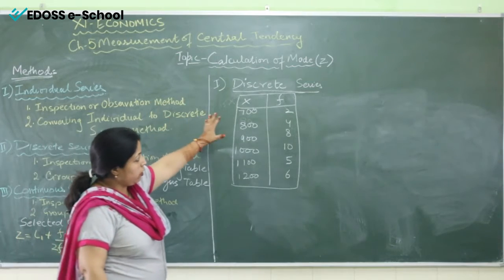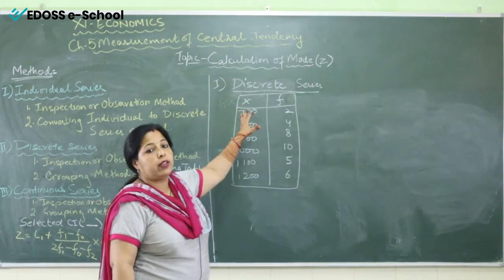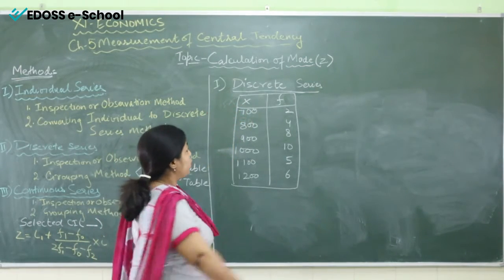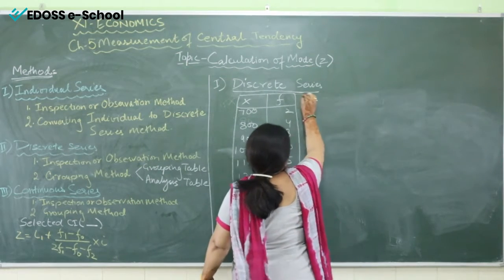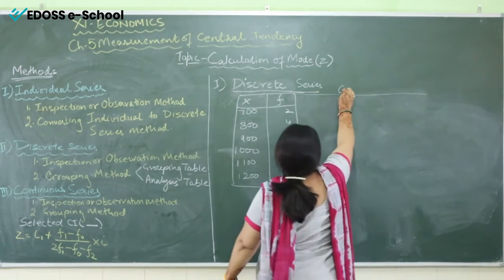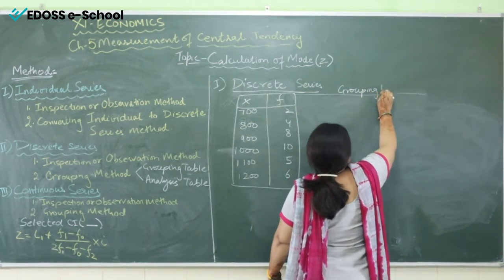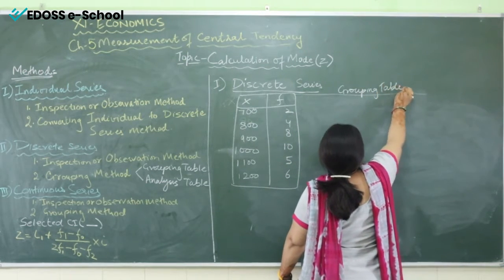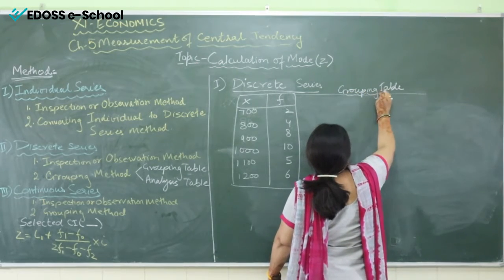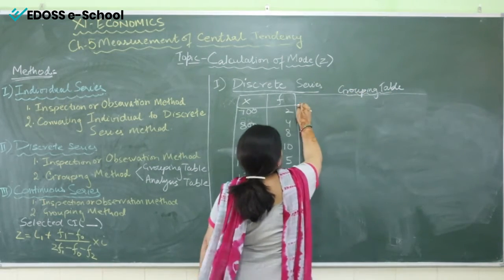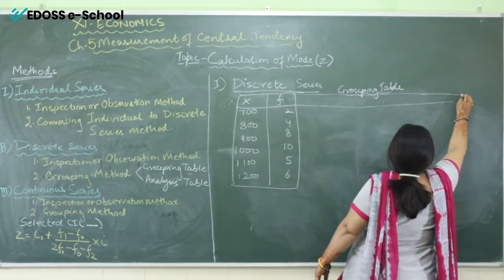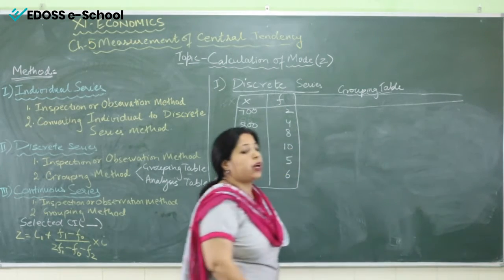So this is the question, and first of all we are going to take the grouping table. So above this table which I am writing, you can write the grouping table. The main heading of this table is grouping table. Fine. Now why am I extending this table? Because I have to tell you how the groups are formed.